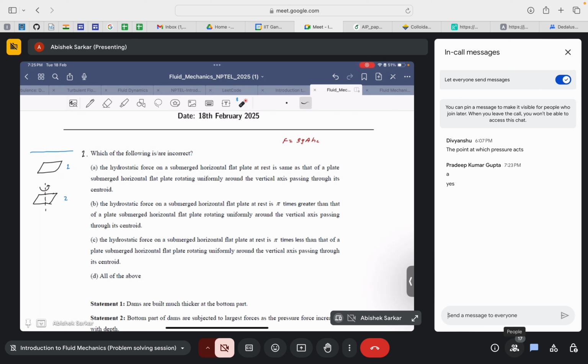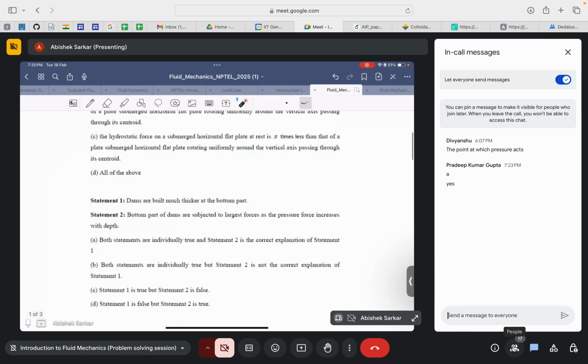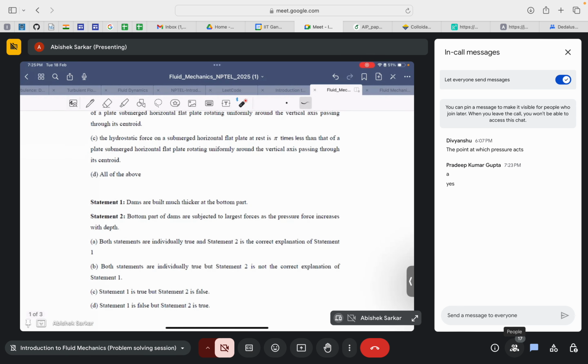Since the area does not change when the body rotates, and the depth does not change, the force will remain constant. So this is the right statement, but the question is which are incorrect, so B and C would be incorrect. Okay, next question is again a statement assertion type question.